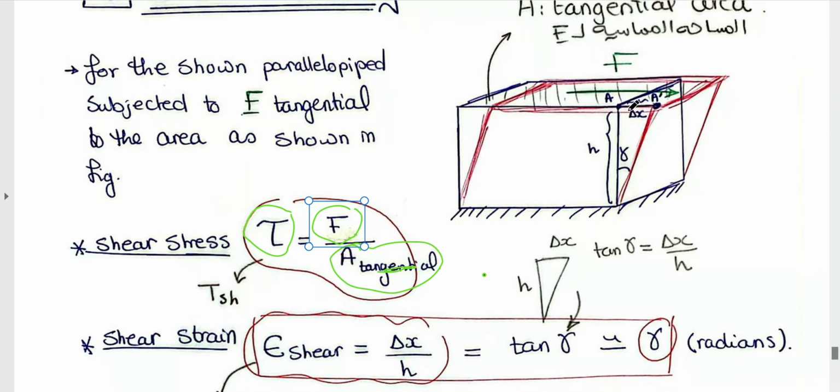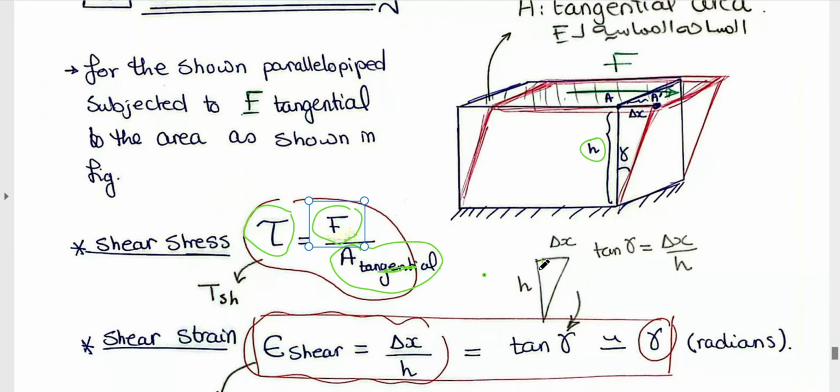This distance is called delta X. Now, delta X is not an elongation. It's the distance traveled by the upper layer. So the shear strain is defined as delta X divided by the height of the parallelepiped. H is the height of the parallelepiped or the cube used.